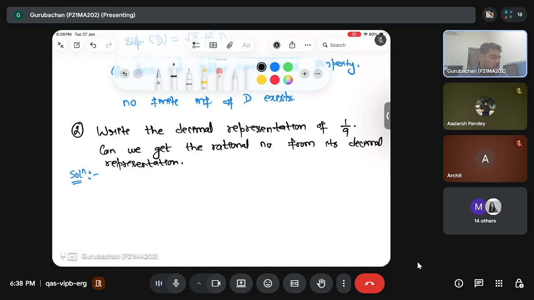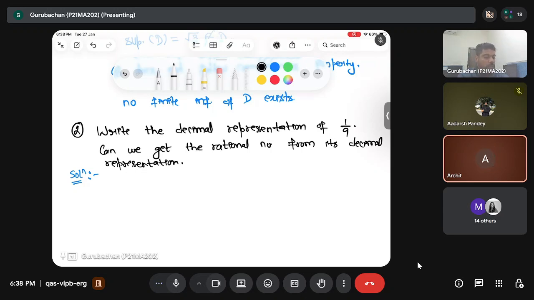Tell me how you will recognize this rational number in the form of decimal, because there are various kinds of decimal representation, three kinds. Sir, if it terminates or it is recurring, then it is rational, or if it does not terminate and is non-recurring, then it is irrational.